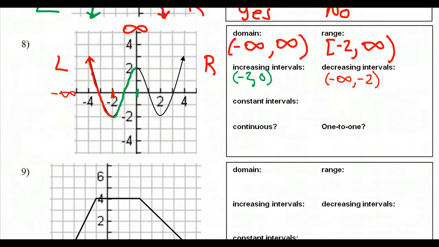Okay, but then I continue my journey. Now as I continue, once again, along this area, I begin to fall, fall, fall, all the way down to here. So that is another decreasing interval. Okay, so that's going to be from 0 to 2. All right, from 0 to 2, it is falling.